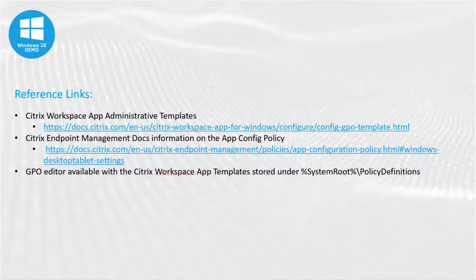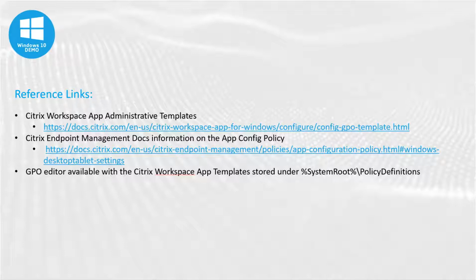What's handy to have close is the GPO editor on your machine, and make sure you have the Citrix Workspace App administrative templates copied to your system root policy definitions so you can see them in your GPO editor.